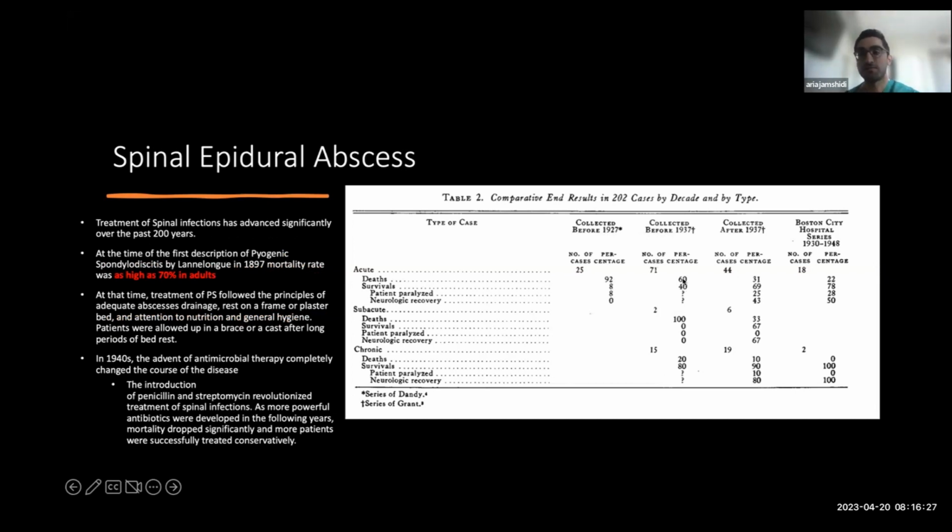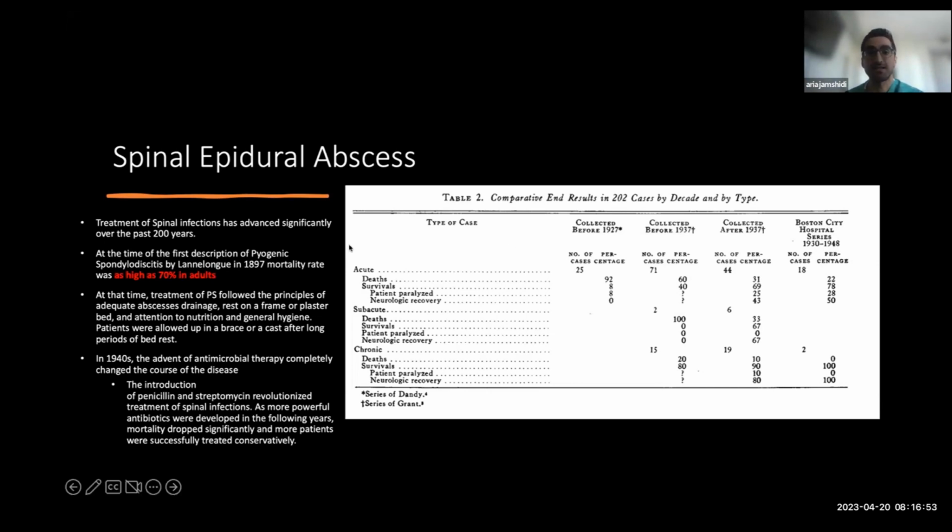And then you see that number drop. Again, we see the cases collected before 1937. The death rate went down to 60%, and then plummeted down to 31%. And then finally, we see Boston City Hospital, the death rate was 22%. And this was a series from 1930 to 1948. This is definitely the result of the introduction of penicillin and streptomycin, which revolutionized therapy.